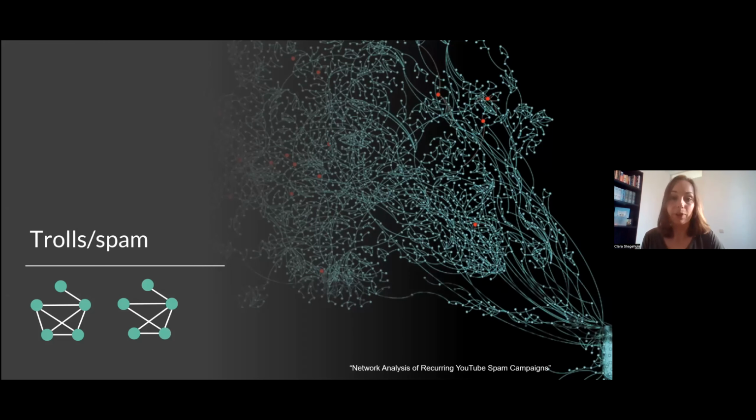Here I have a few examples of some network motifs that have been found recently or less recently. For example, on social media networks, some researchers found a few years ago that some specific types of subgraphs are very much correlated to whether there are spammers in the network.